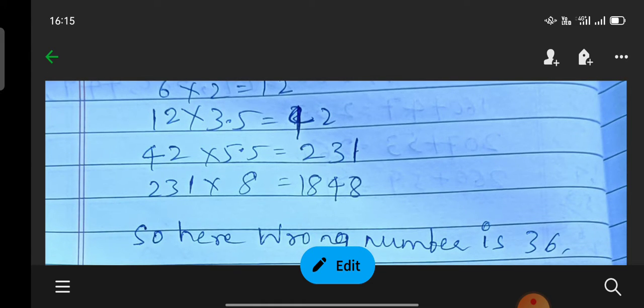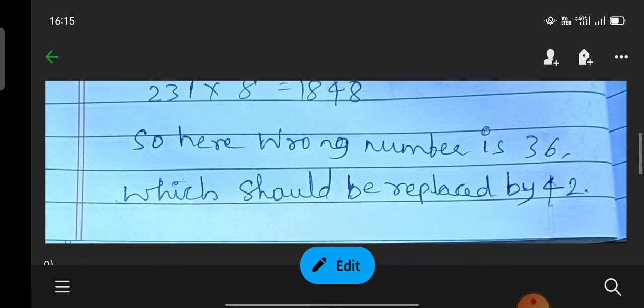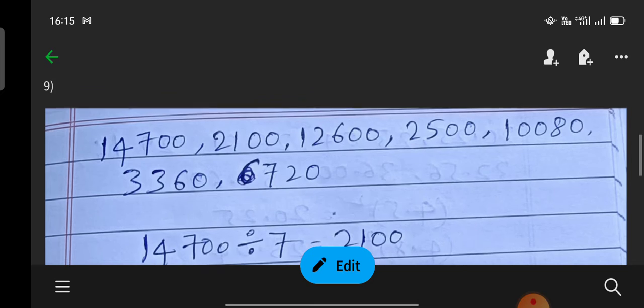And here 2 increased, and 3.5 plus 2 is 5.5, and 5.5 plus 2.5, how much? 8. So here the wrong number is 36, which should be replaced by 42.